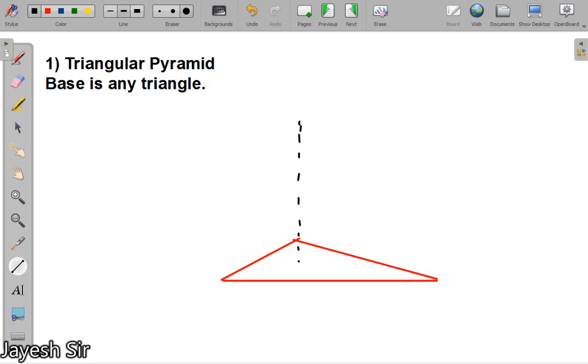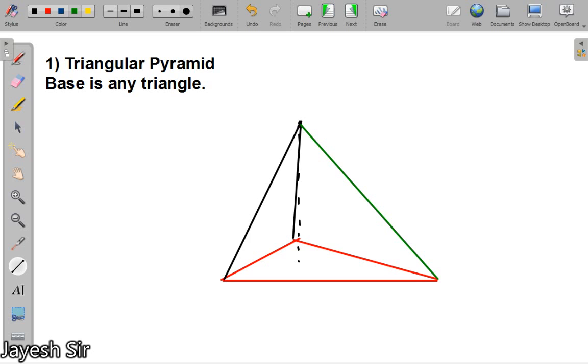So I have pointed out the apex first of all. So this is a triangular pyramid.